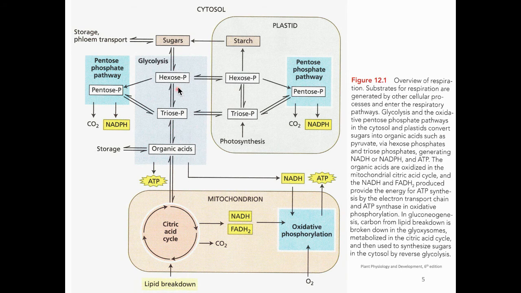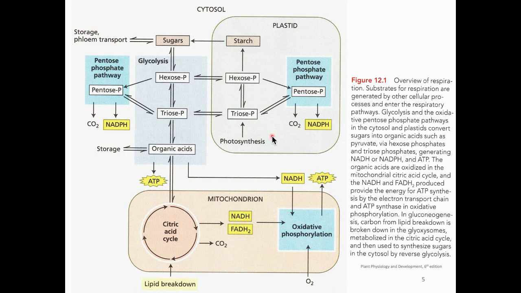From glycolysis, you start from a 6-carbon sugar, and then you end up with a 3-carbon sugar that can be modified into an organic acid, and this organic acid can enter the citric acid cycle to generate more NADH and FADH2, and you enter the electron transport chain to make more ATP.